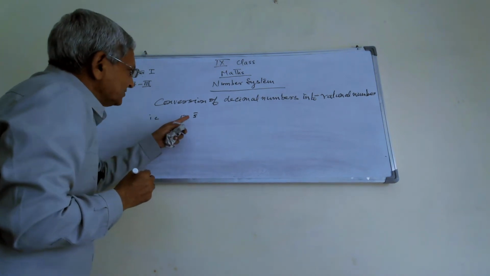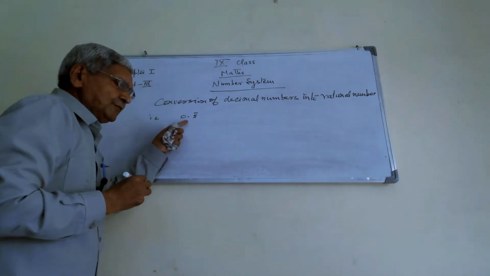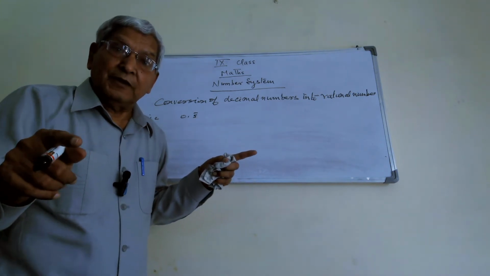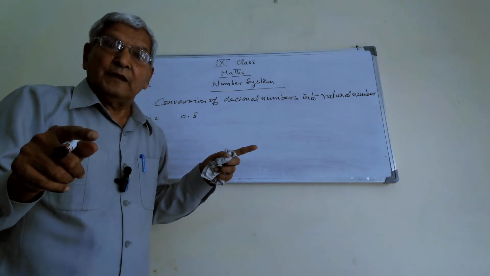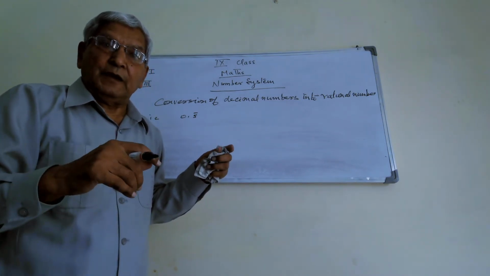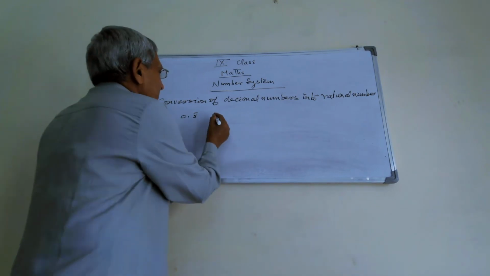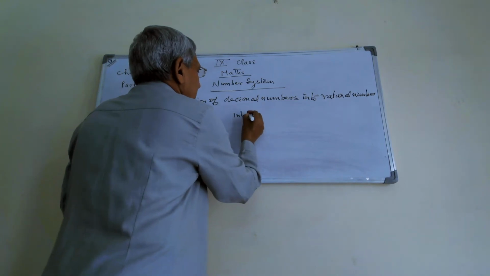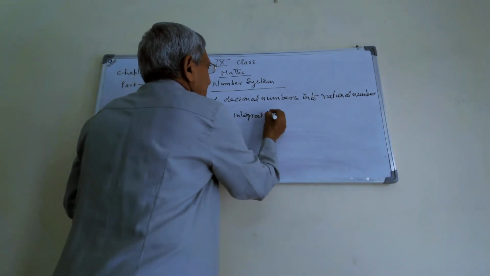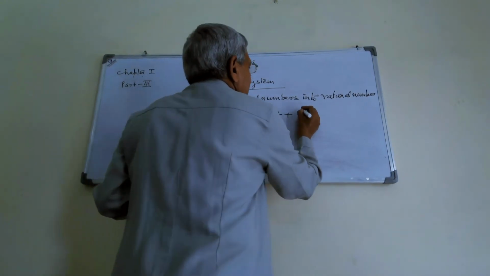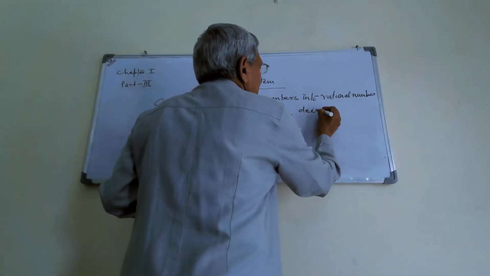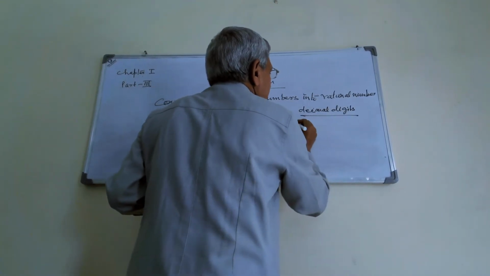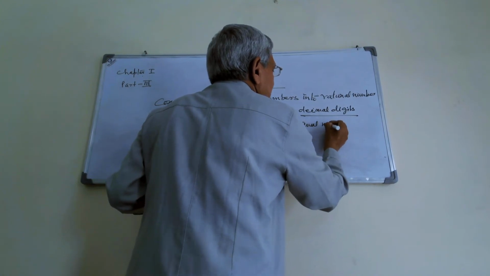This is a rational number, but it is in the form of a decimal, and we want to find the rational form. So it can be written as integral part plus decimal digits upon equal number of 9.